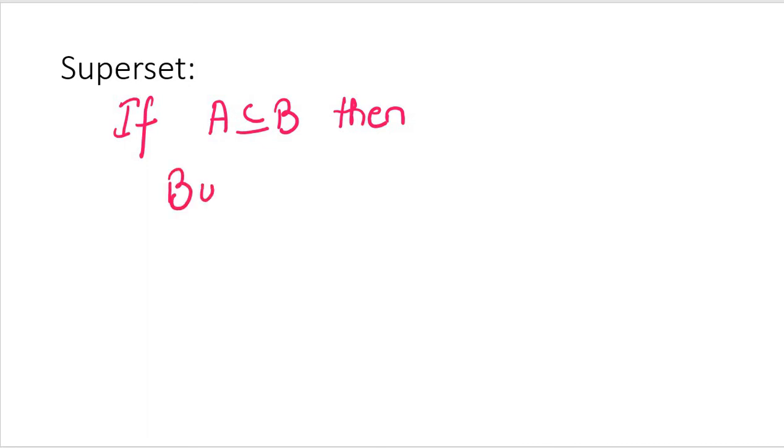So if I have two sets A and B in the form of, let's say, A a subset of B, then your B is called the superset of A.